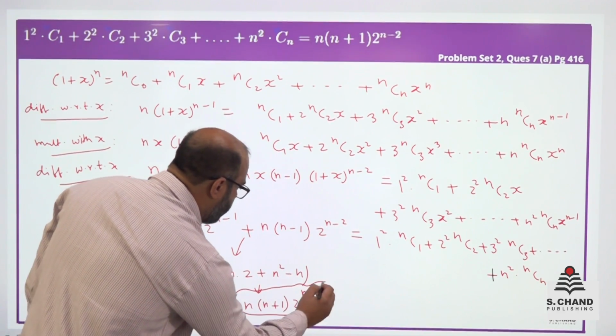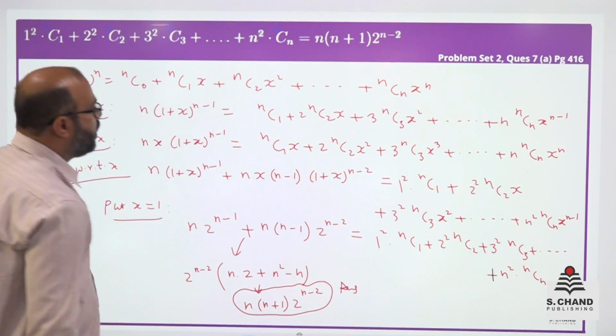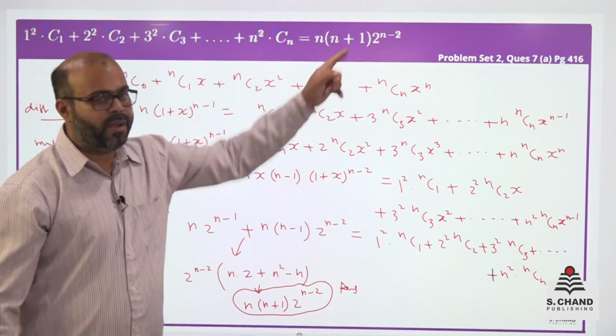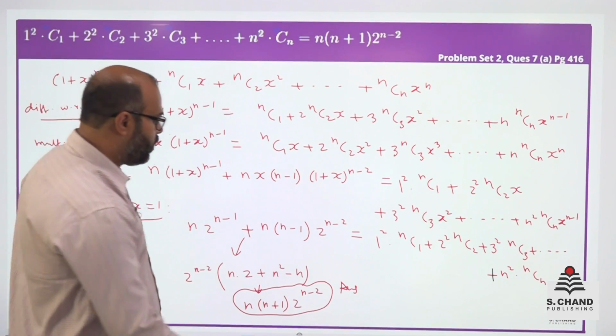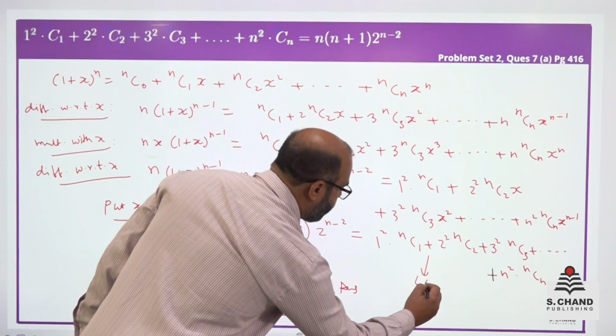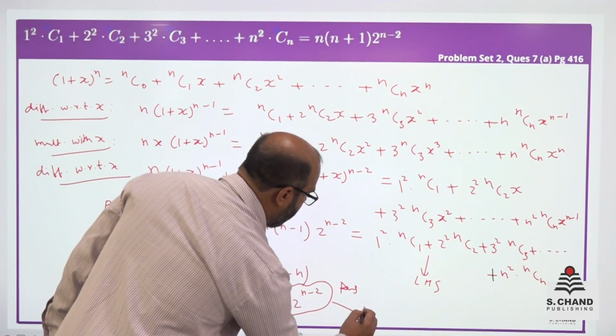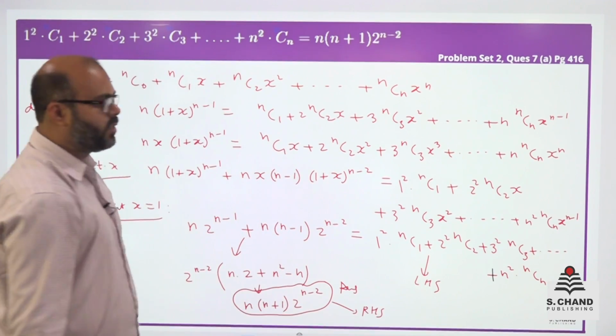So this will be your answer, n into n plus 1 into 2 to the power n minus 2, that we had to prove. So hence LHS of the question and RHS of the question are same.